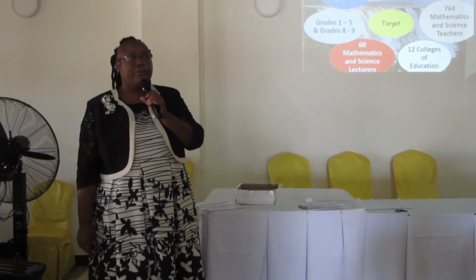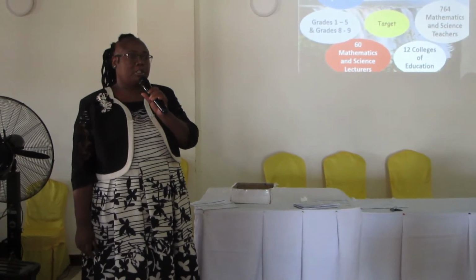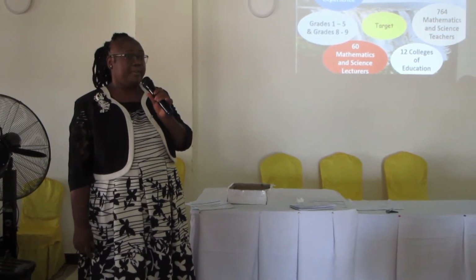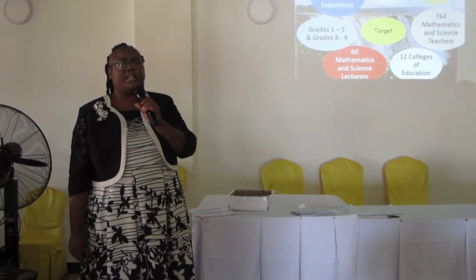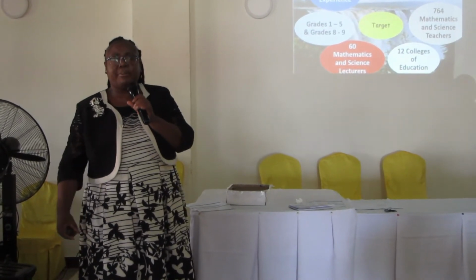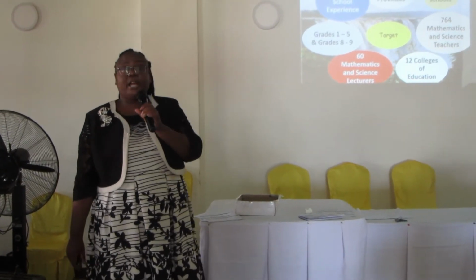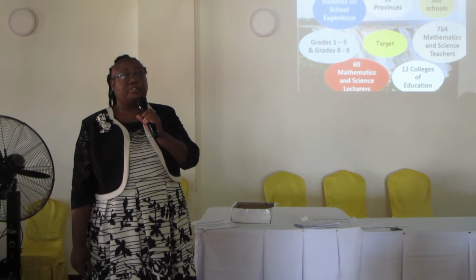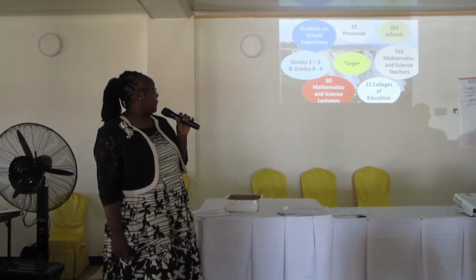We have 200 schools which are primary, 100 schools which are secondary. Then the 82 schools are the ones we are calling expansion schools, the ones which are being built, but they are also secondary. So basically we are talking about 200 primary schools and 182 secondary schools.